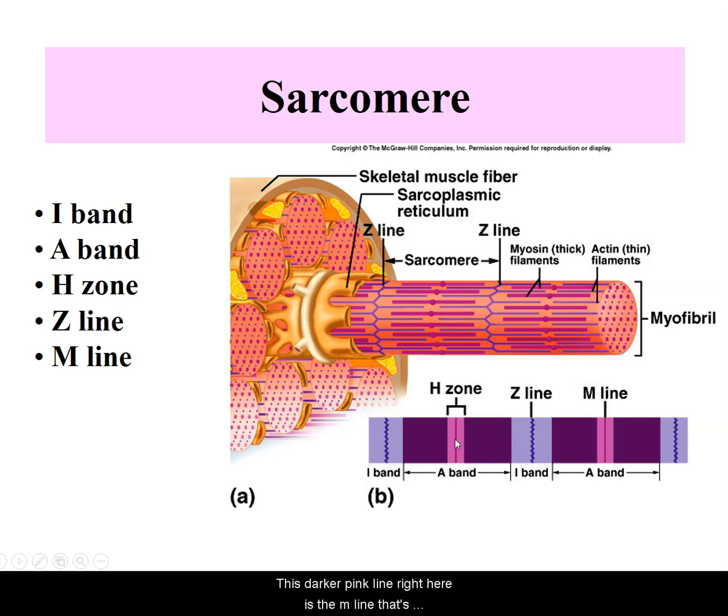This darker pink line right here is the M line. That's where that protein titin would be holding that in place. In the middle of that A band, there's the H zone. In the middle of the H zone is the M line. There's another Z line. From Z to the next Z line is a sarcomere.